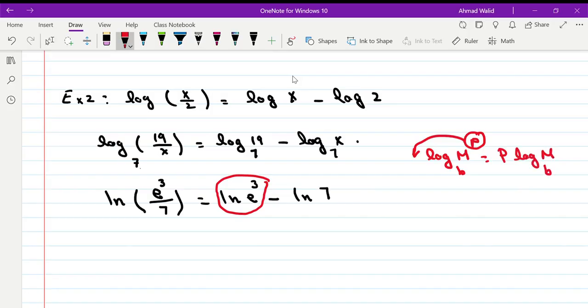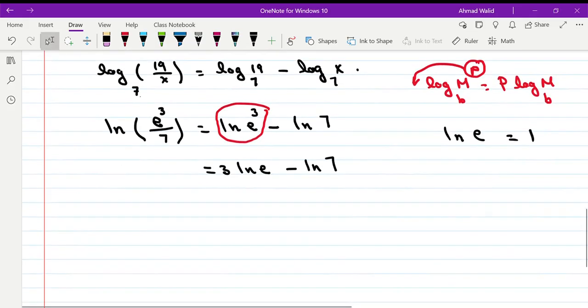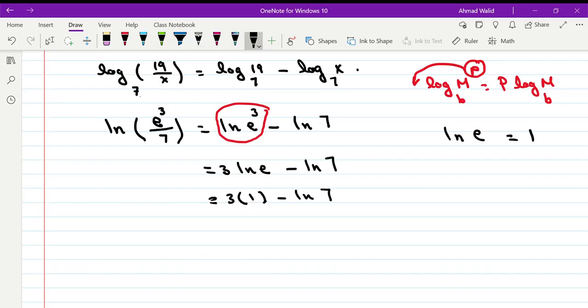It means here, if you want to apply that rule, this one will be 3 ln e minus ln 7. And if you remember, I told you the other day, ln of e is always what? 1, correct? Then you can write this one as 3 times 1 minus ln 7, which gives you 3 minus ln 7, final answer, correct?